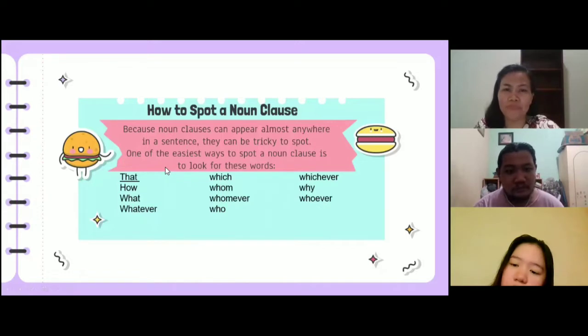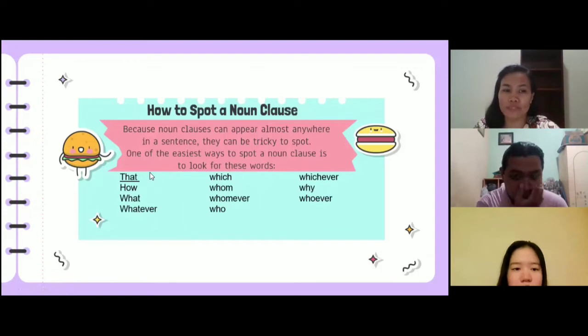So basically, the majority of the examples start with WH, right? But as I've said a while ago, we will just focus on this specific word, that.